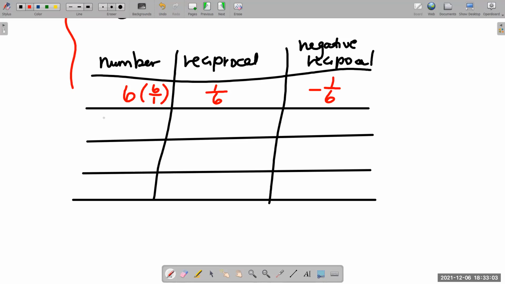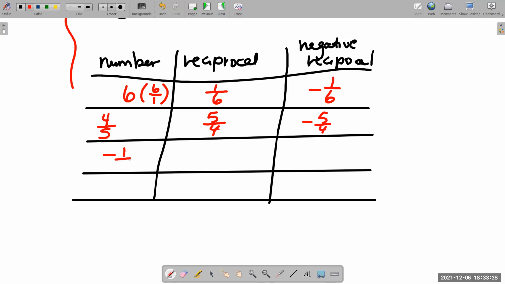If I gave you 4/5, what is the reciprocal? Thank you, very good. 5/4. So the negative reciprocal is going to be negative 5/4. So look at this now.